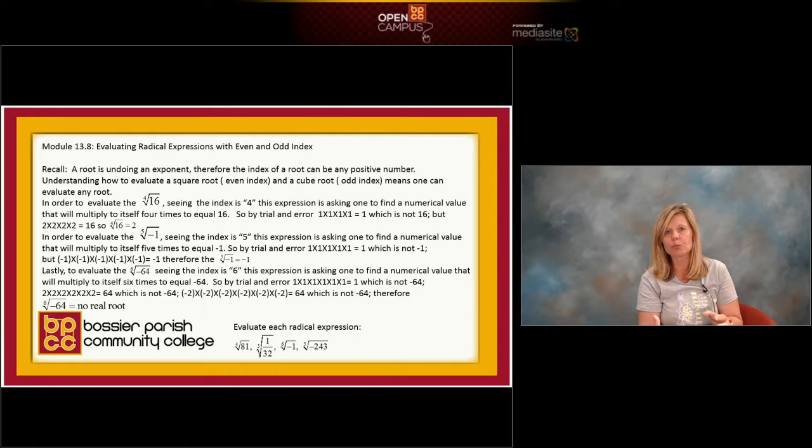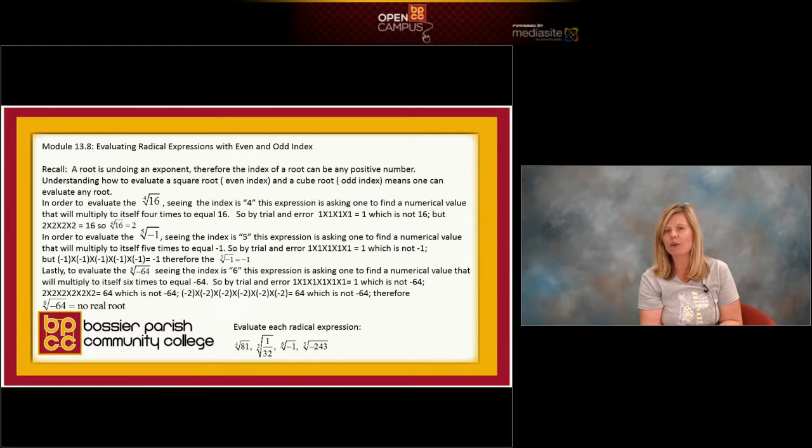Square roots and cube roots do come up the most in algebra, so we should know those perfect square and perfect cube numbers. But I'm not going to make you memorize a list for the fourth roots. So what we're going to do here is trial and error.